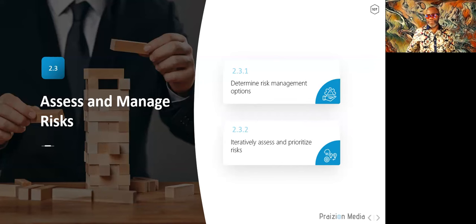So when we assess and manage risk, that is really just saying we're determining our risk management options, and then we are iteratively assessing and prioritizing risks, but we are also taking action on those risks. Something that we don't think of a lot of times in the world of Agile is how risks should be managed from an Agile world. So what I would like us to do right now is hear from our buddy Roy.